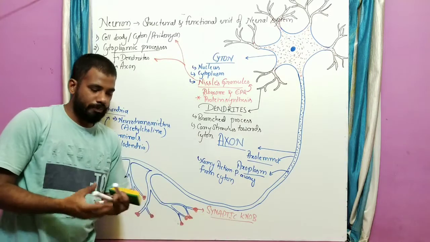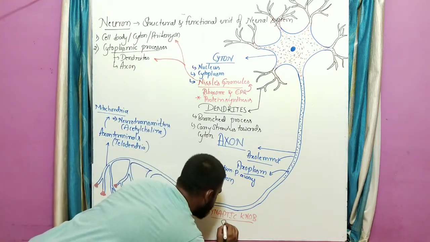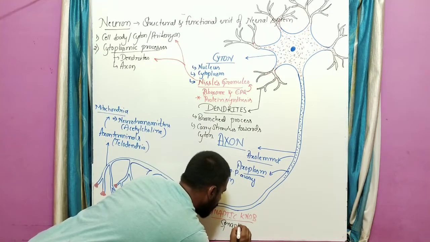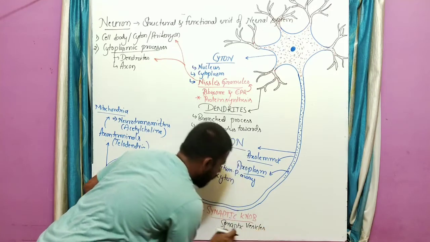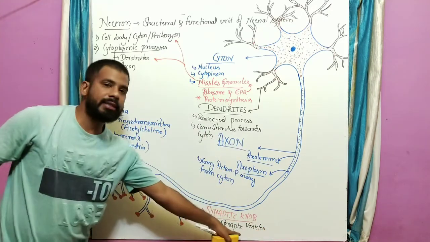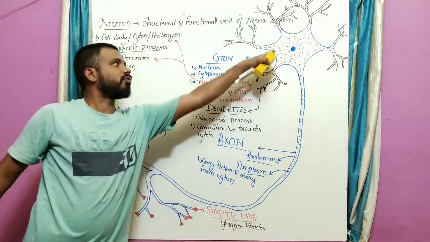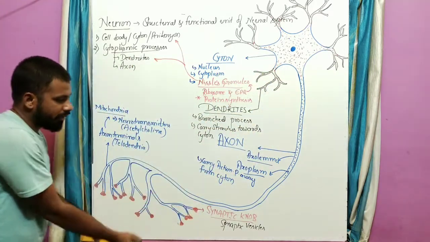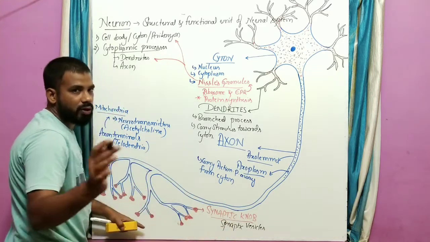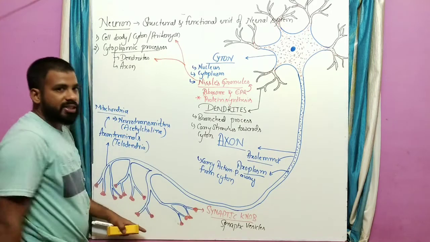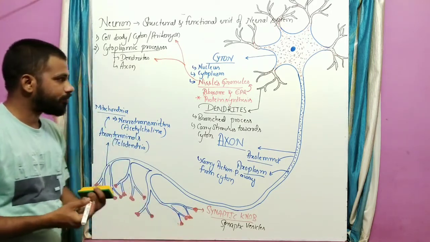These synaptic knobs have certain membranous structures called synaptic vesicles, which have neurotransmitters inside that help in the transmission of impulses from one neuron to the next neuron. This synaptic knob also forms a synapse, the junction between two successive neurons. About synapse I will explain in the next lecture.